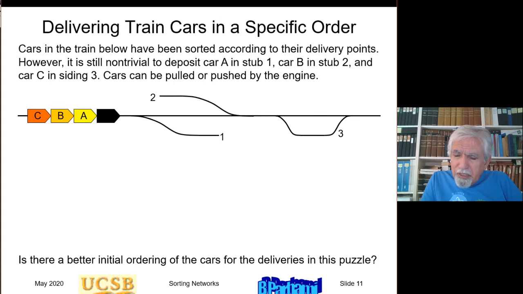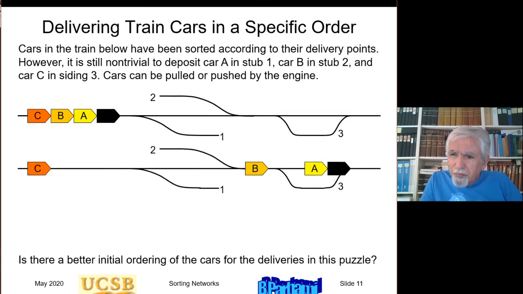Okay, so here's my solution. Think about it. It needs some doing, several steps, so that each car, A ends up here, B ends up there, and C ends up there. So here's my solution that I'm going to reveal. The train pulls cars A and B. Car C is detached and left in place.